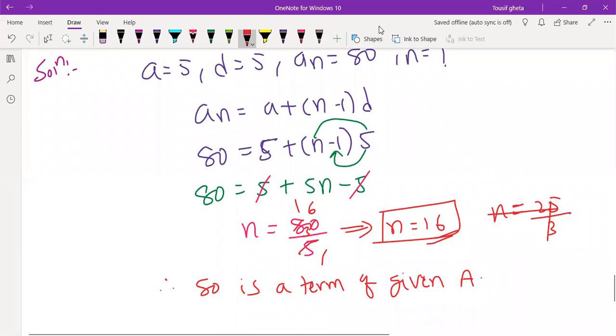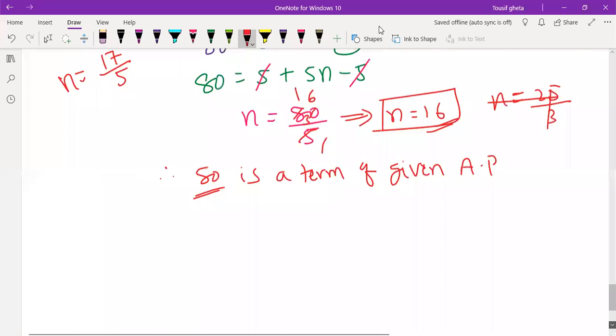If you get a whole number, it is a term. If you do not get a whole number, then it is not a term. If you get the answer in the form of N is equal to something like 17 by 5, any number which is not perfectly divisible, and if you divide it you will get the answer in decimal, then it is not a term. Is it clear? Let's see the next one.